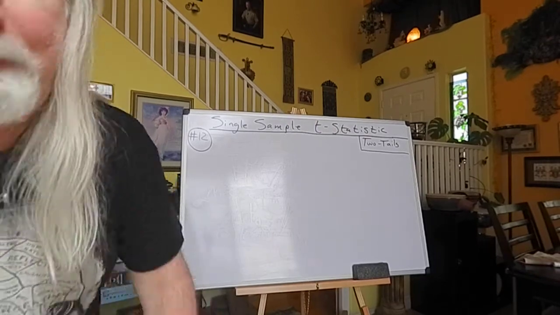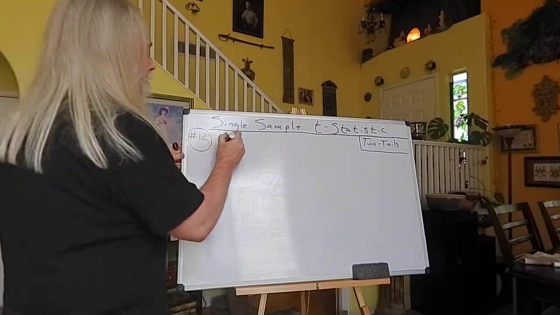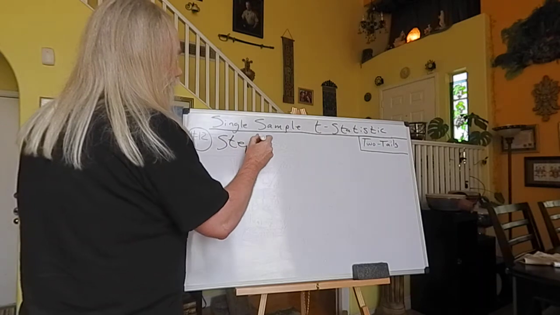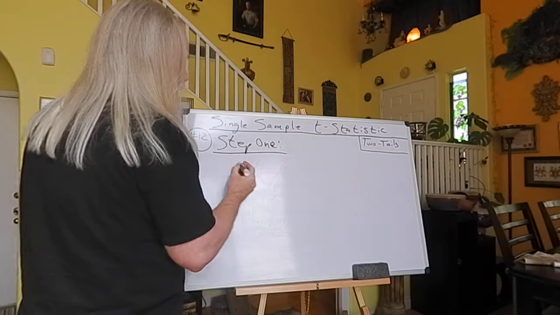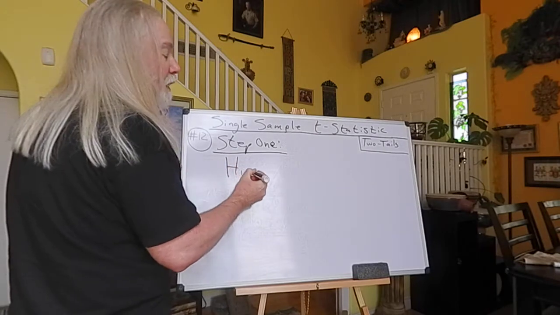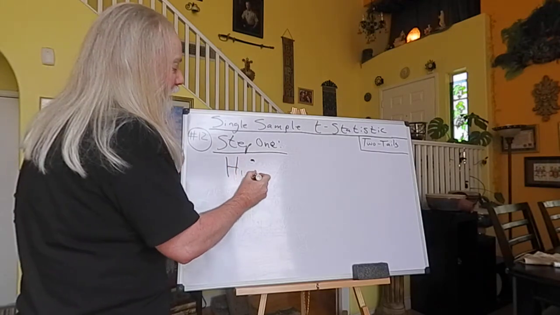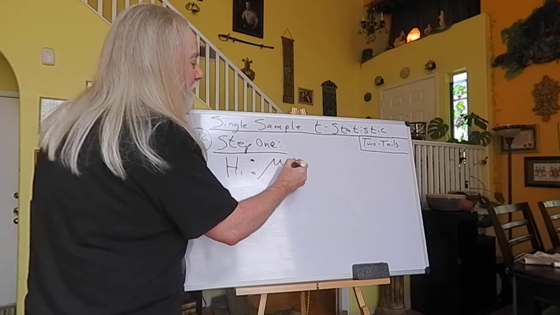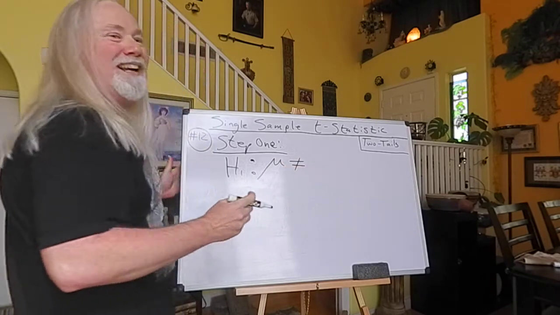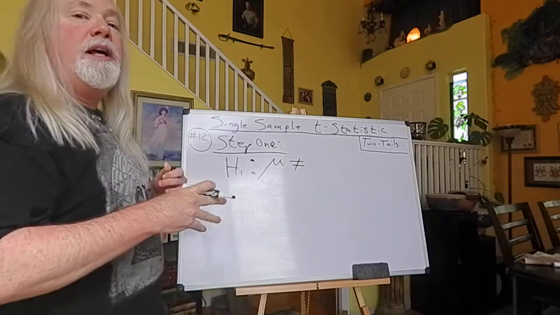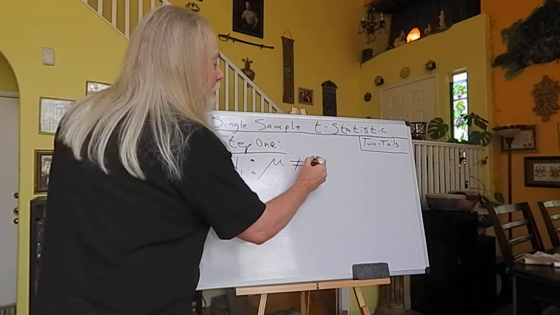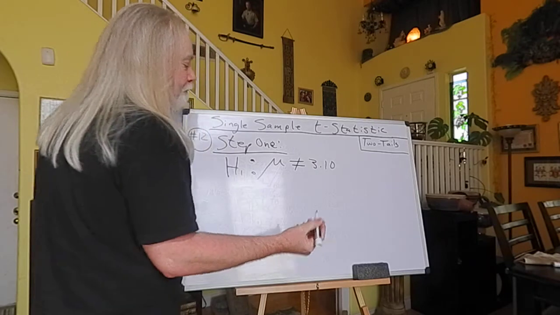to get our 4 steps in here, step 1. The alternate hypothesis is the treated population will no longer equal whatever the general population was. And the problem told us that for the general population, it's 3.10.